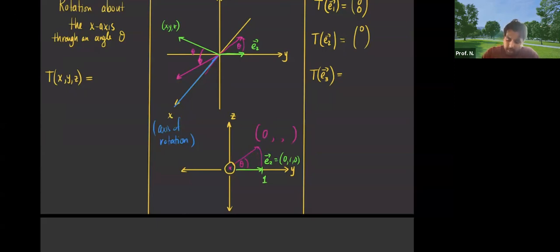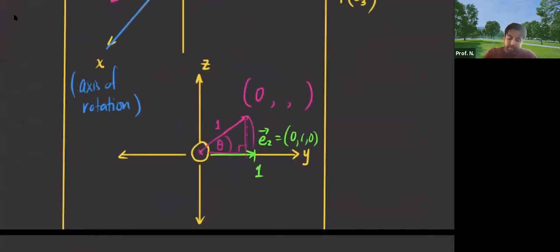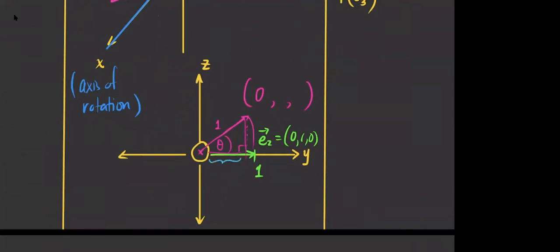Do you guys see how we can set up a right triangle again? Since it's a rotation of a vector, the length of the vector doesn't change, so my length will still be 1. Now, how do you figure out this height and this width of this triangle if you know theta and if you know the hypotenuse is 1? Is it radical 2?